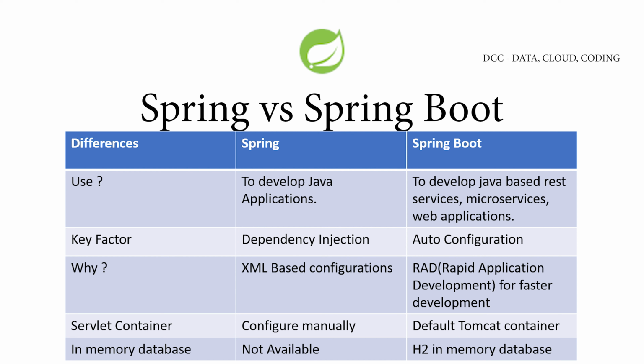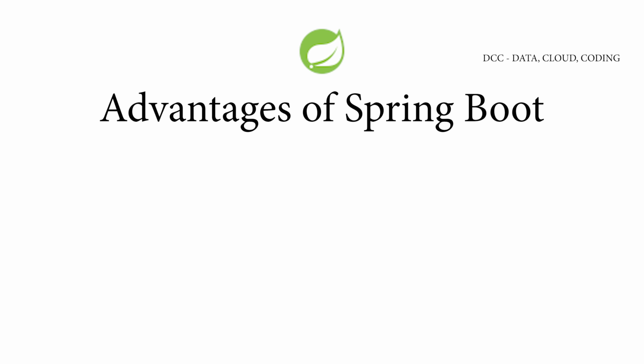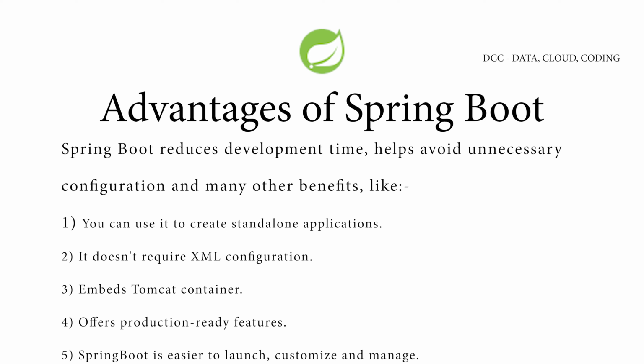So we have talked now about what is Spring Boot and the differences between Spring and Spring Boot. Now let's have a look into a few advantages that come with Spring Boot, which help us in our day-to-day development and make the life of a developer easier. A few advantages of Spring Boot: it reduces the development time and hence helps avoid unnecessary configuration, and has many other benefits.